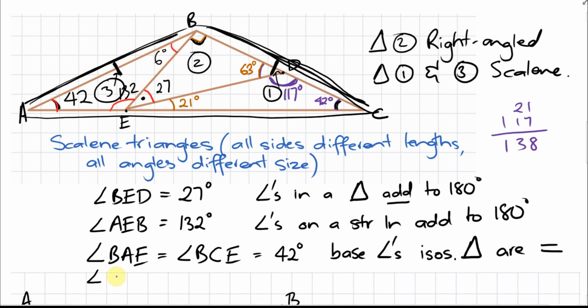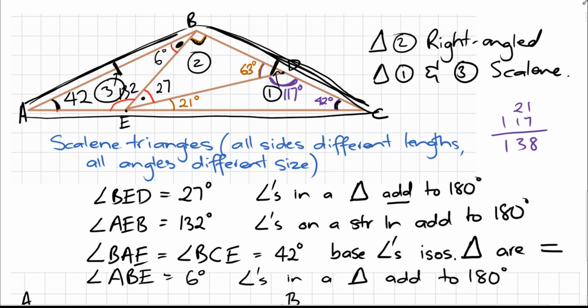Just take care you're naming the angles correctly. So angle ABE, which is this angle here, is equal to 6 degrees, and that's because angles in a triangle add to 180.